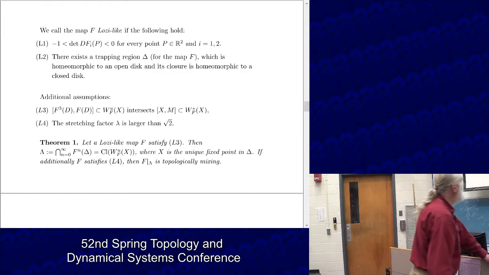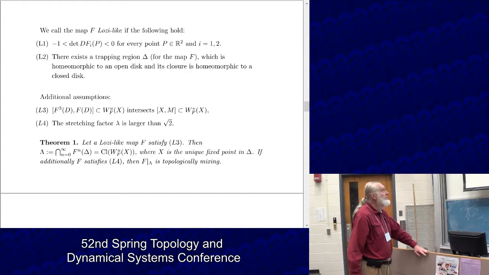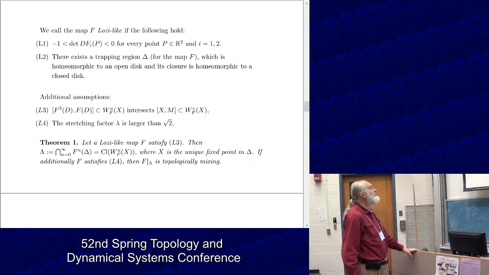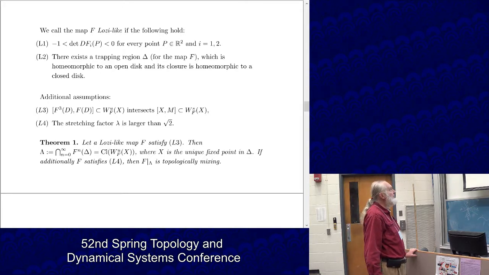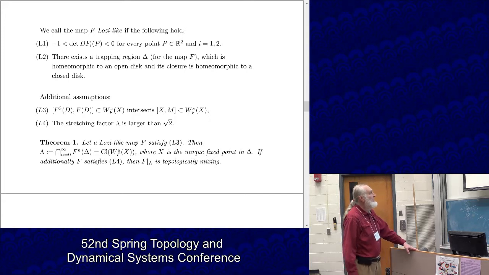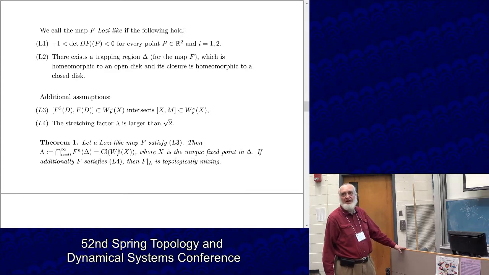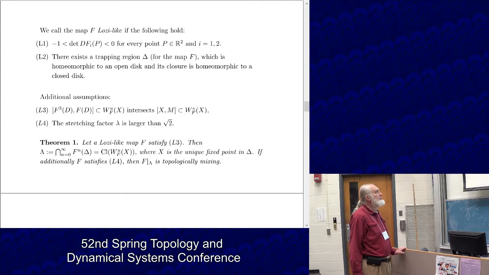Okay, and what do we get? The first theorem. Suppose, now we apply the name lossy-like if L1 and L2 are satisfied, and those S1 through S4 before. So if it's a lossy map and it also satisfies L3, then the intersection of all images of the tracking region is equal to the closure of the unstable manifold of the fixed point x.